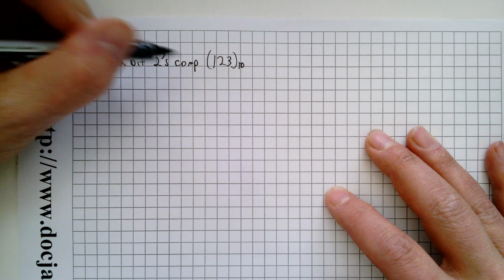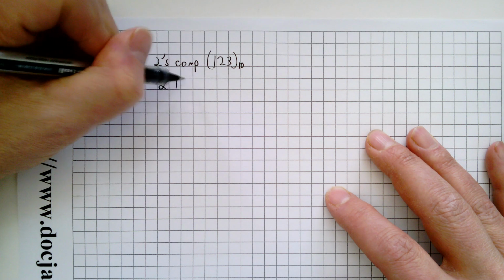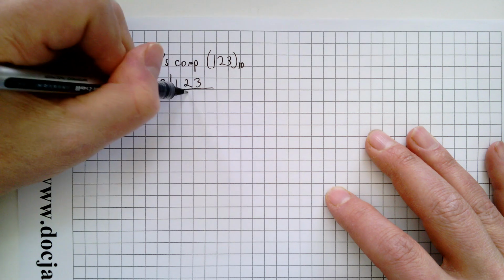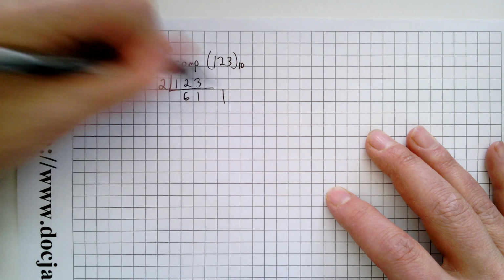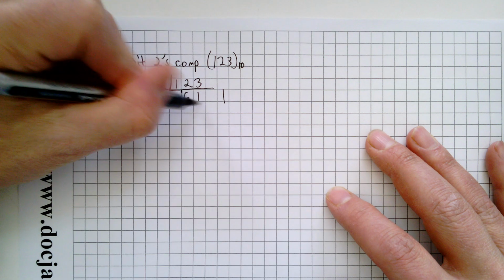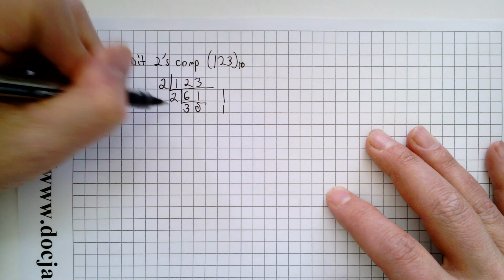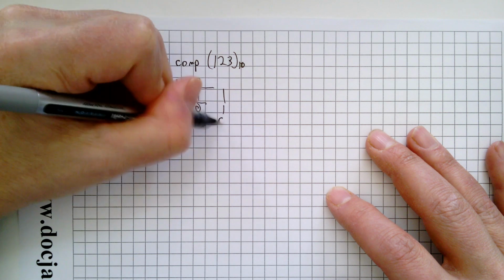Let's do that. Let's turn it into a binary number with repeated division. So 2 into 123: 61 with 1 left over. And then we have 30 with 1 left over. Then we have 15 with 0 left over.